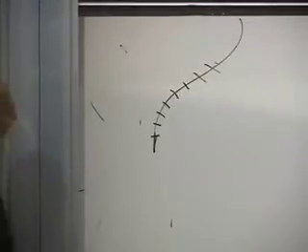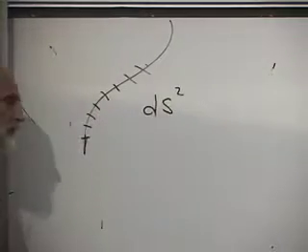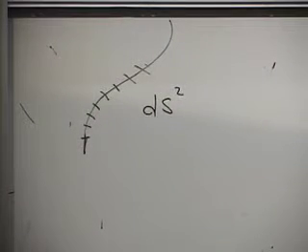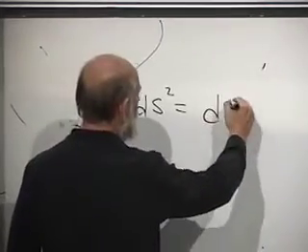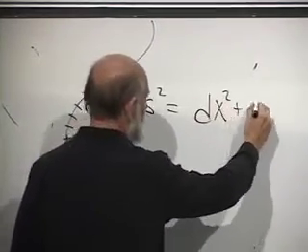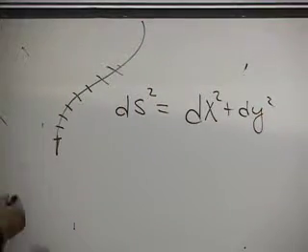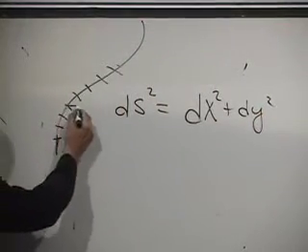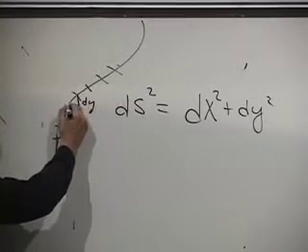You can think of these separations as small differential distances, ds. And that differential distance is given by ds squared equals dx squared plus dy squared, where dx and dy are just the differential increments in x and y. This is ds.